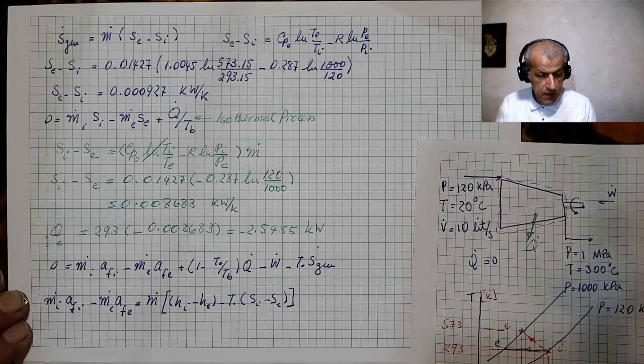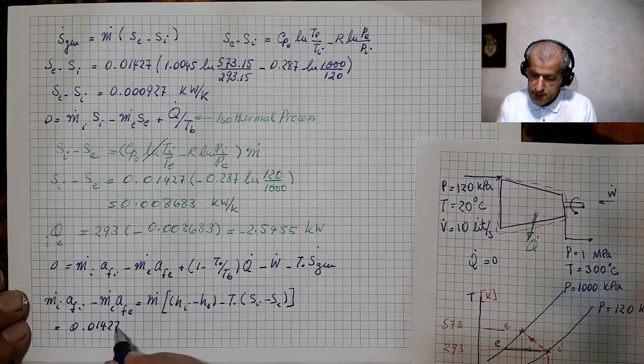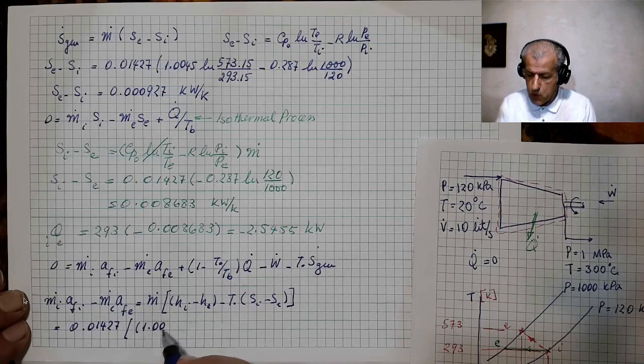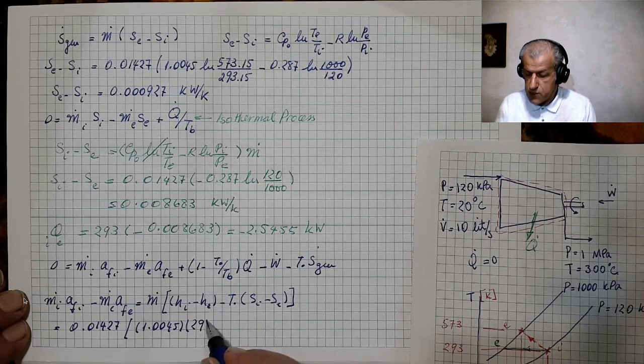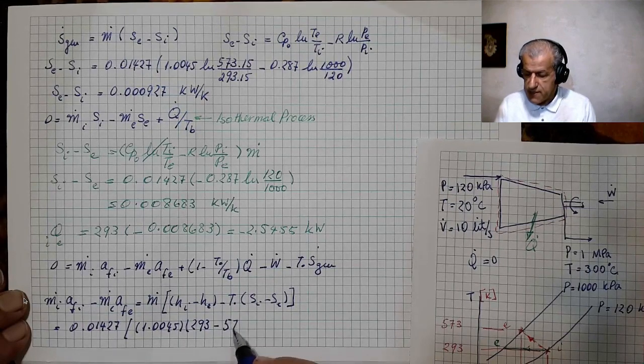Okay, therefore, let's insert values into it. This would equal m dot, which is 0.01427, times HI minus HE, which is CP0, 1.0045, times TI, which is 293, minus TE, which is 573, minus T0.